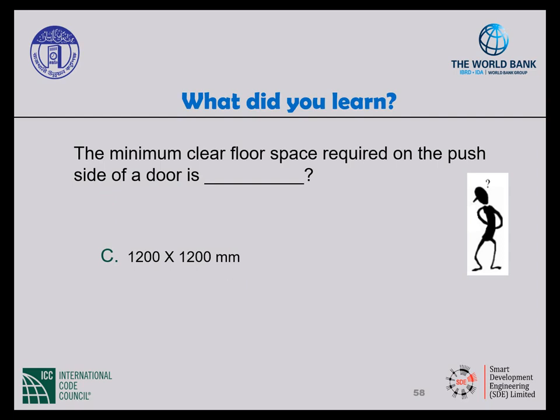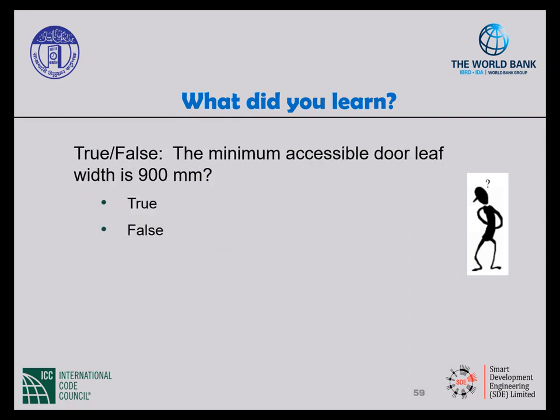And the answer is 1200 millimeters by 1200 millimeters. True or false? The minimum accessible door leaf width is 900 millimeters. And the answer is false.